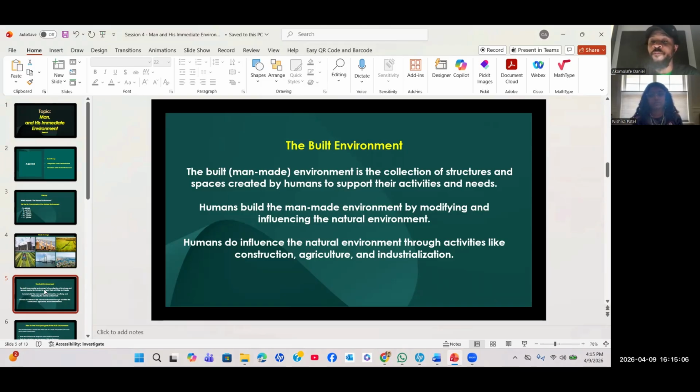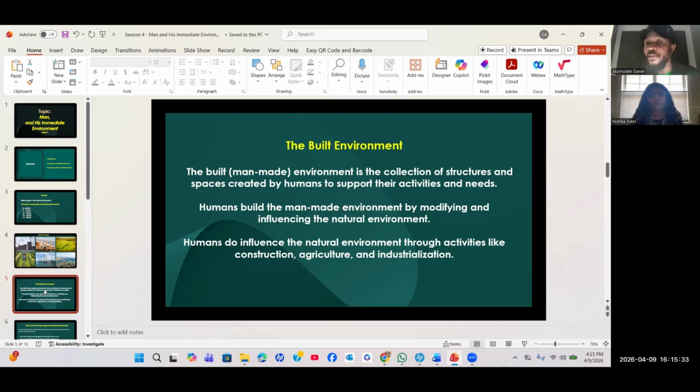So we find ourselves living in the natural environment, and to a large extent, as humans, we have to harness or use the natural environment to the best of our own satisfactions. Are you with me? Yeah. So the humans build the man-made environment by modifying and influencing the natural environment.